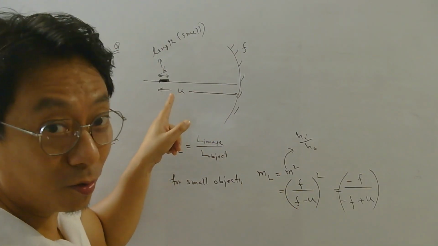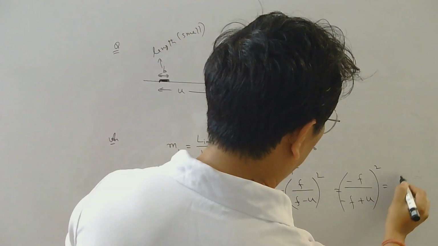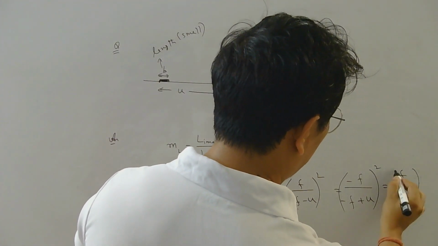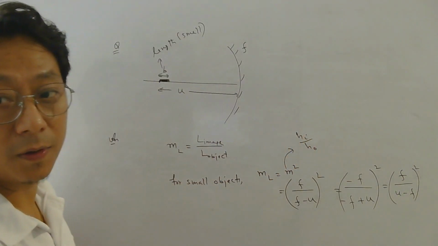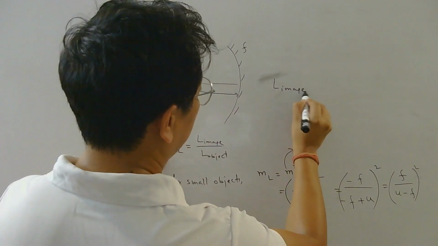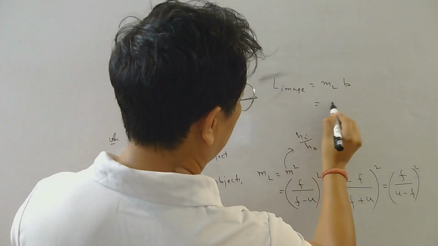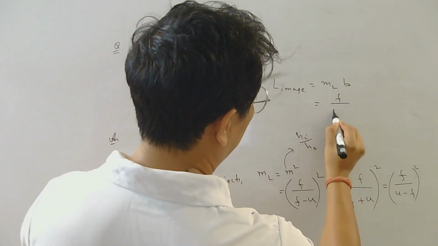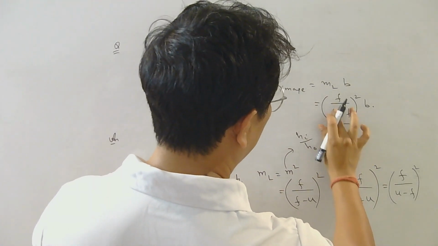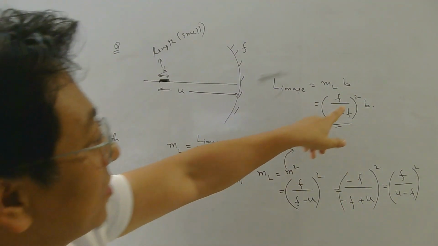So here they gave you u in the question, so you have to put minus u whole square, and that will be f by u minus f whole square. If you cross multiply, the length of the image will be ML times the length of the object, which is b, so this is f by u minus f whole square times b. And even if it is f minus u, the final answer will be the same, because there is a square.